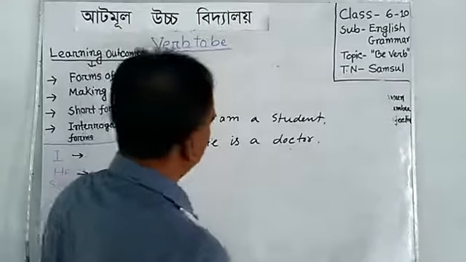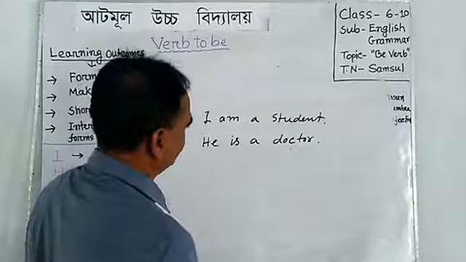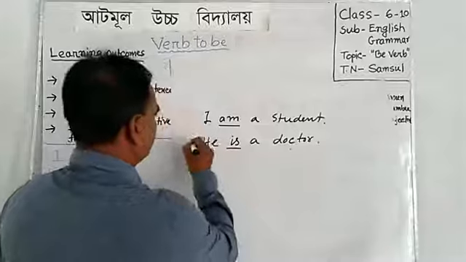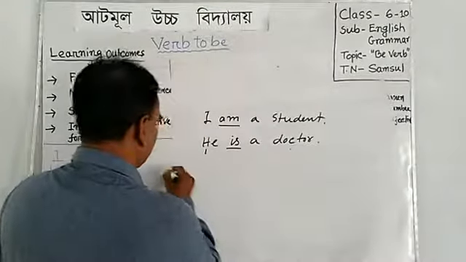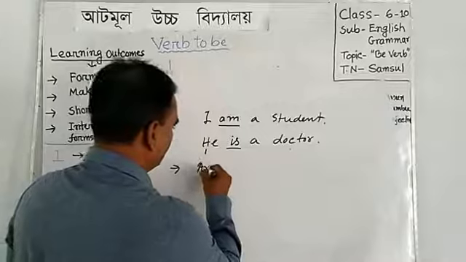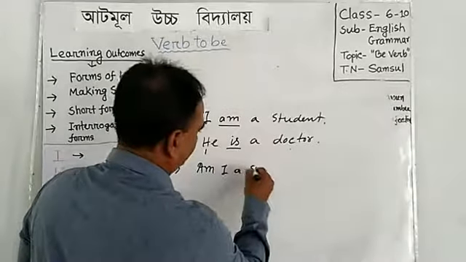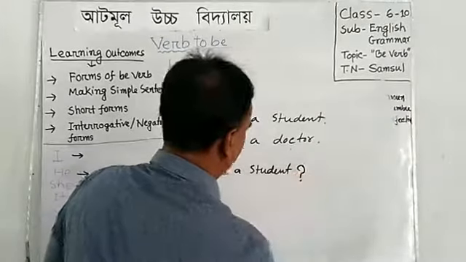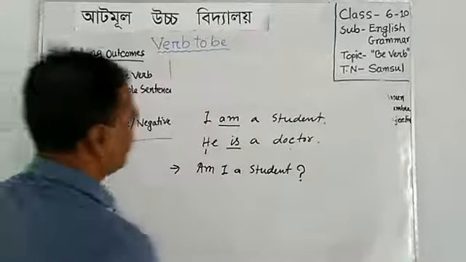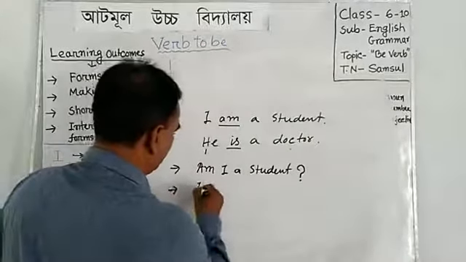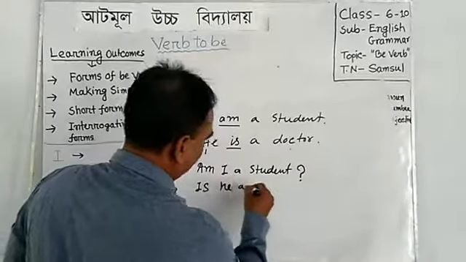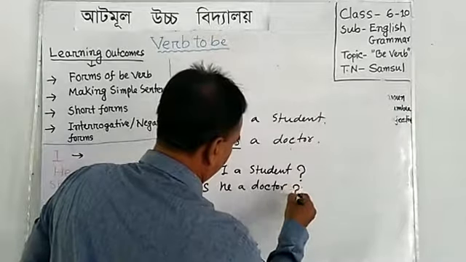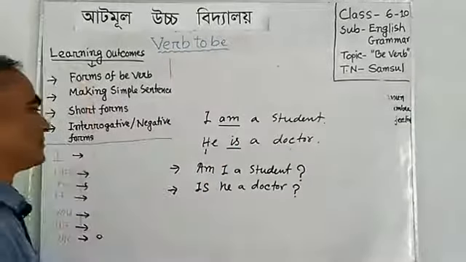So what we have to do, when we go to make an interrogative sentence, we have to place the be verb before the subject. Like, am I a student? And you must put a question mark at the end of the sentence. Is he a doctor? And you have to put a question mark at the end of the sentence, and the interrogative sentence is ready for you.